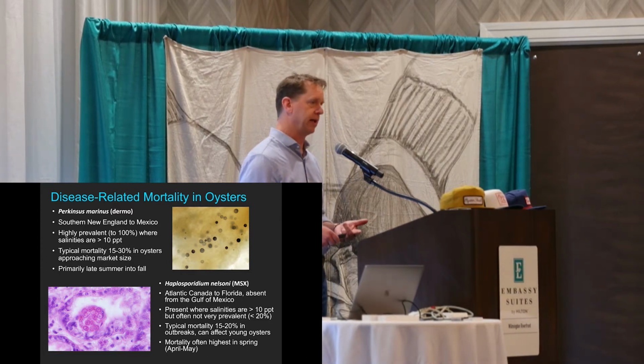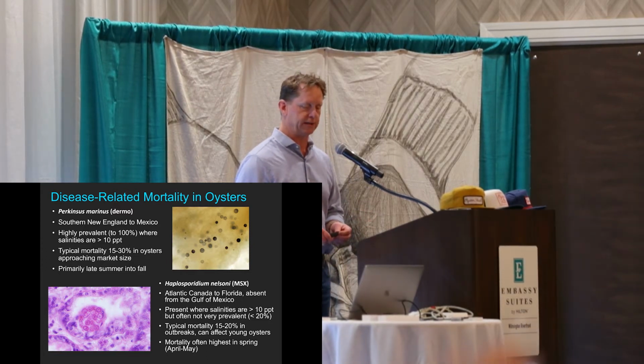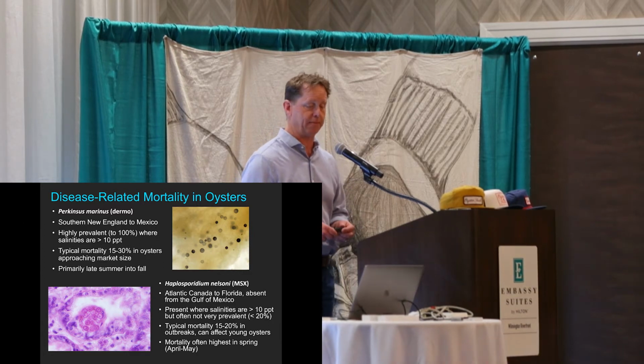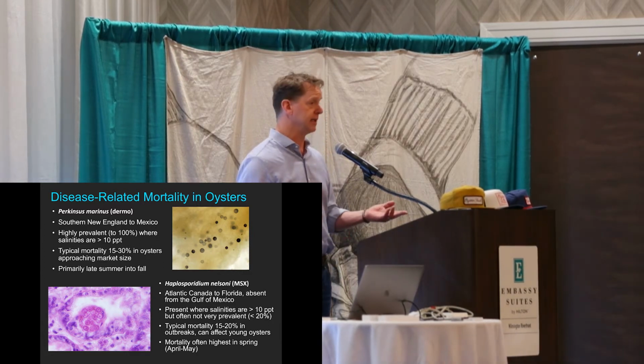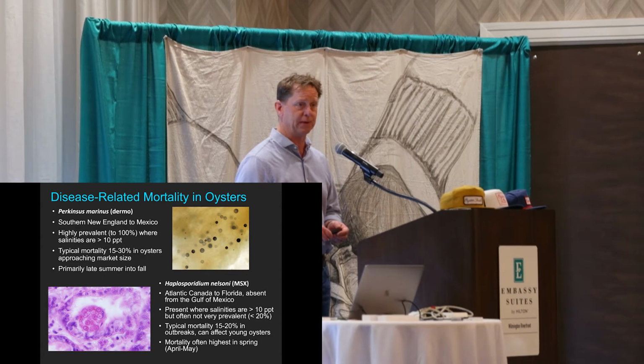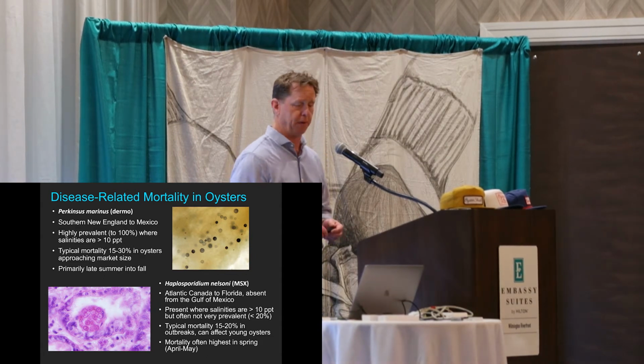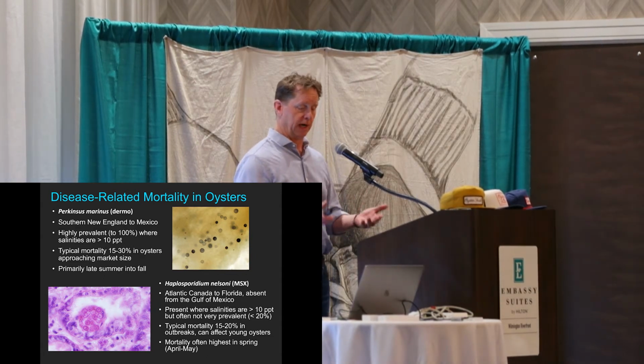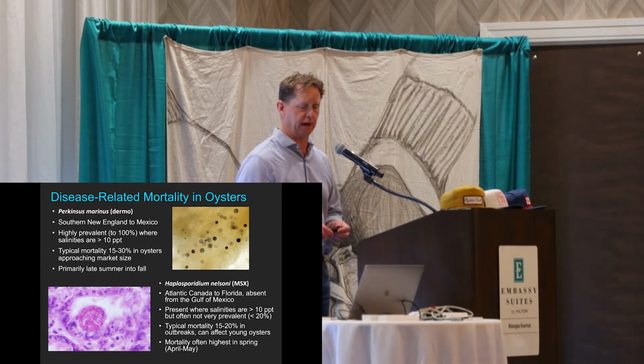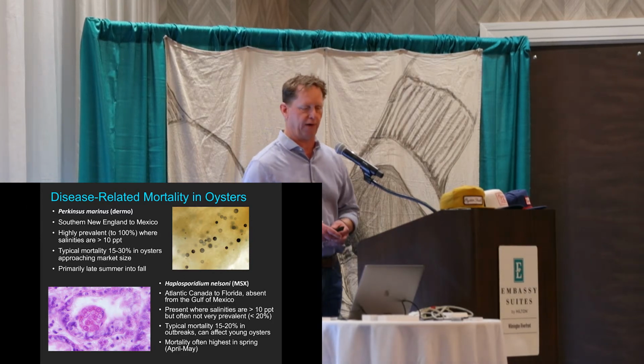It can be very prevalent, infecting 100% of your oysters where salinities are above about 10 parts per thousand. It can cause 15 to maybe 30% mortality, if I had to ballpark it, in adult oysters in the wild, but also in farms that have been around for a couple of years. And this is primarily a disease of the late summer and fall.